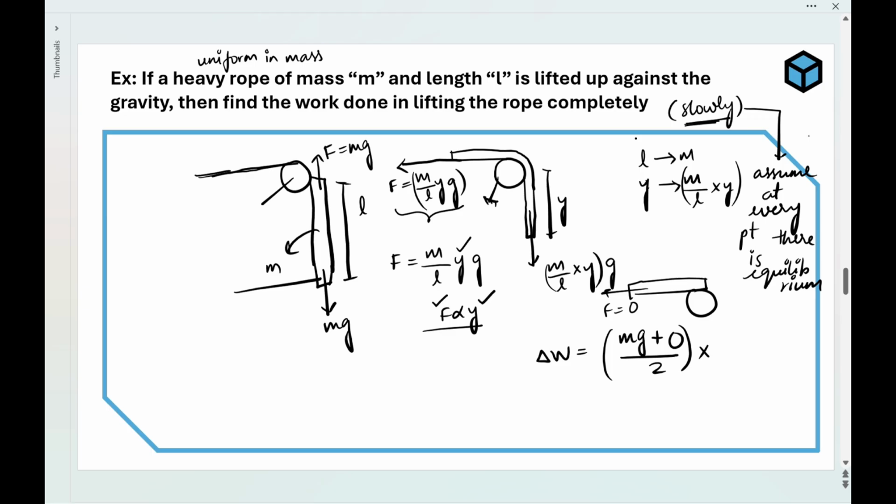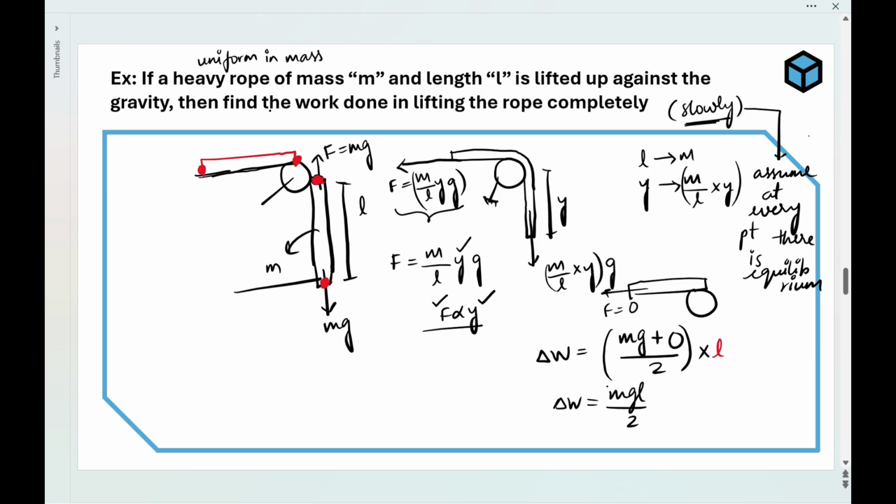Delta W is nothing but the average force into the net displacement. If we see the starting point, it travels a distance L finally. So the displacement is L, and delta W would be mgL by 2.